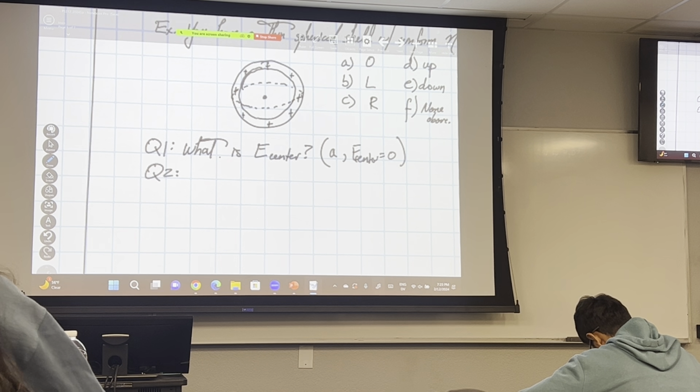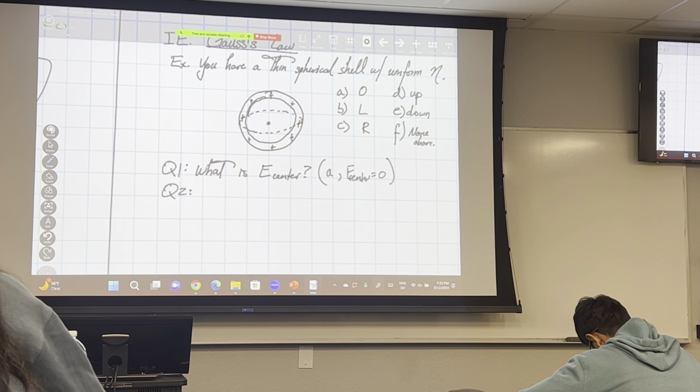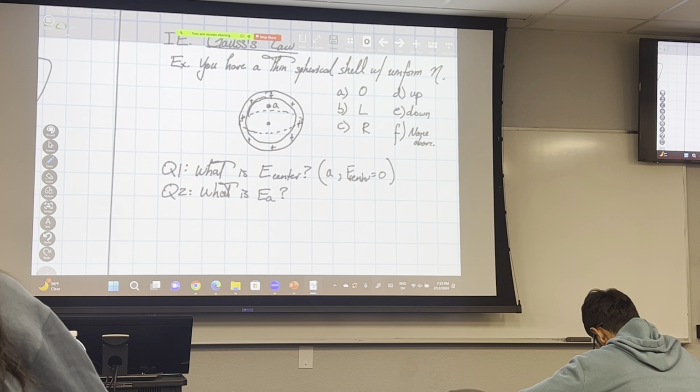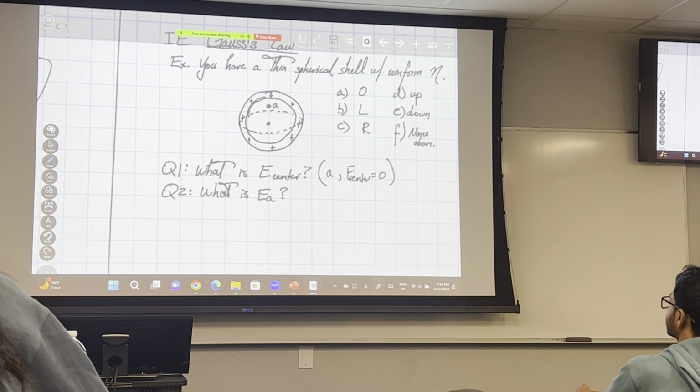What about, instead of the center, let's consider a point directly above it, and we'll call that point A. What is the electric field at point A? Let's see a show of hands. Who says it's A, 0?